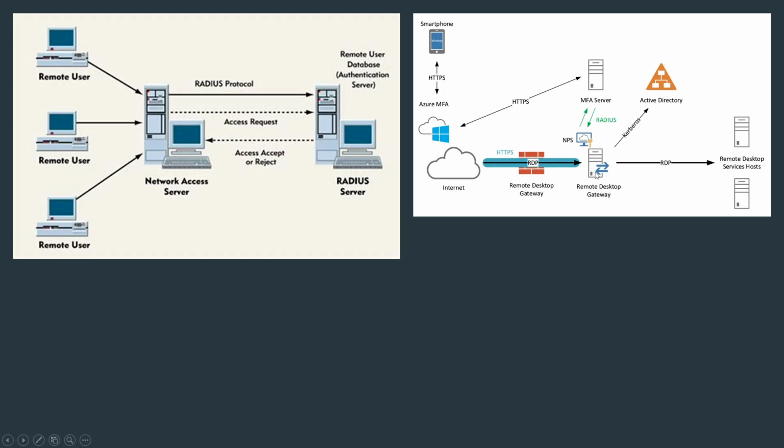Here you have deployed the Network Policy Server, NPS, where this is automatically getting authenticated with MFA. So you have a RADIUS here; once whoever reaches this level, you get authenticated with MFA.